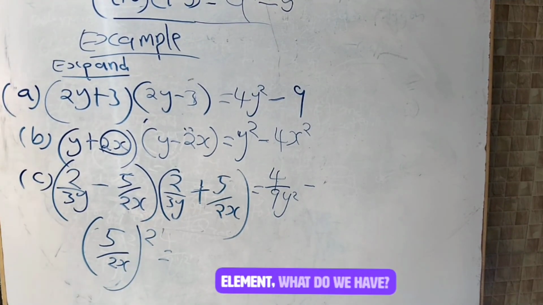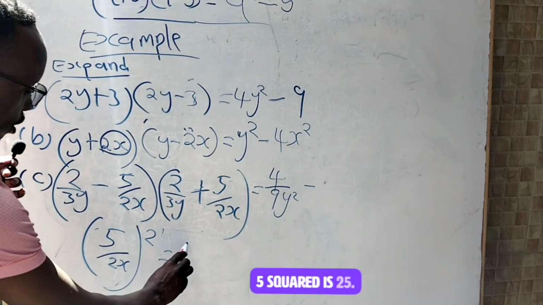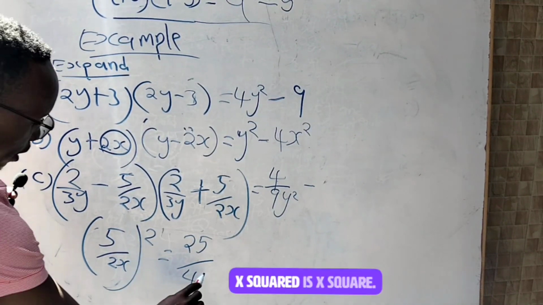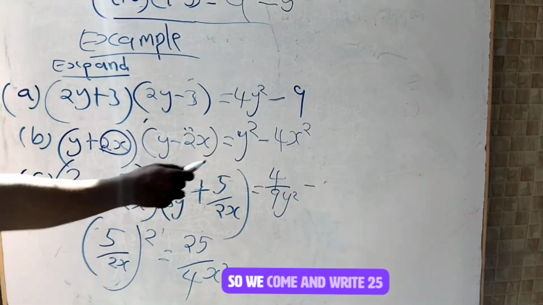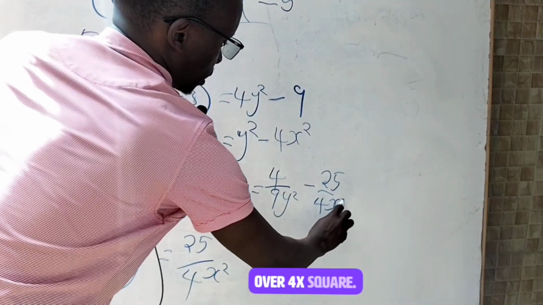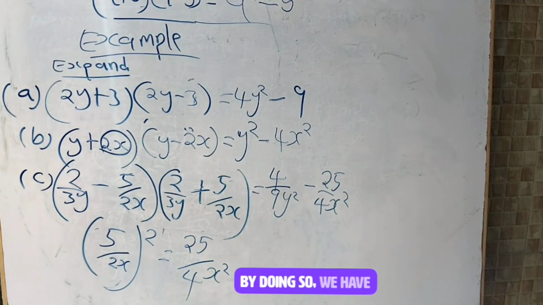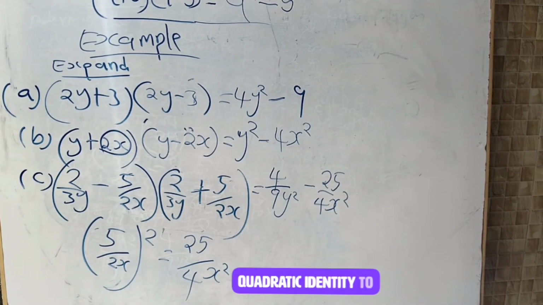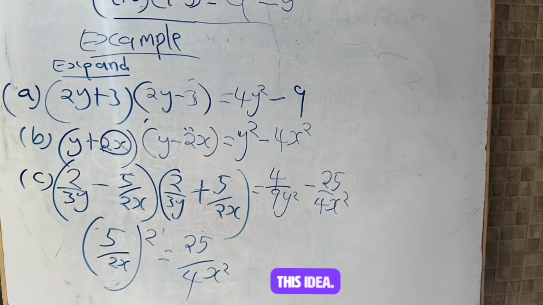If we square this, 5 squared is 25, 2 squared is 4, x squared is x squared. So we write 25 over 4x squared. By doing so, we have applied the third quadratic identity to expand quadratic expressions. We can also apply this idea when solving quadratic equations.